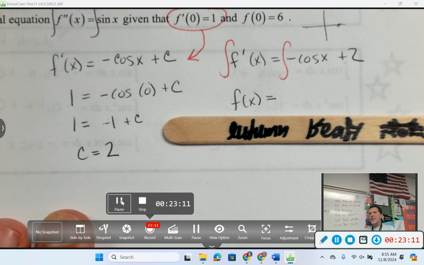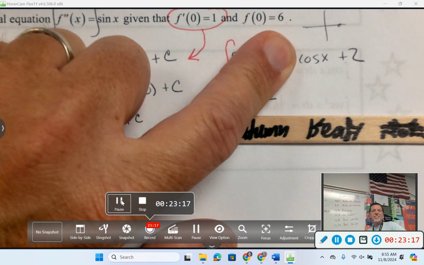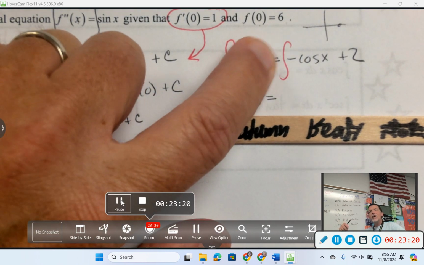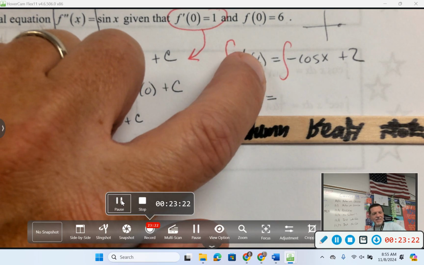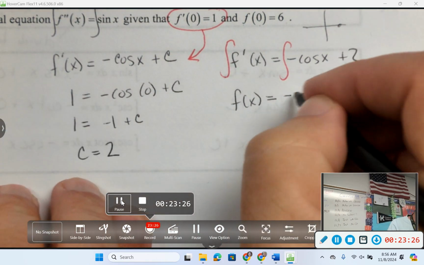Sine of x? Sort of. The antiderivative of cosine is sine, right? Because sine goes to cosine. So what would it take to land at negative cosine? Negative sine. There you go, negative sine.